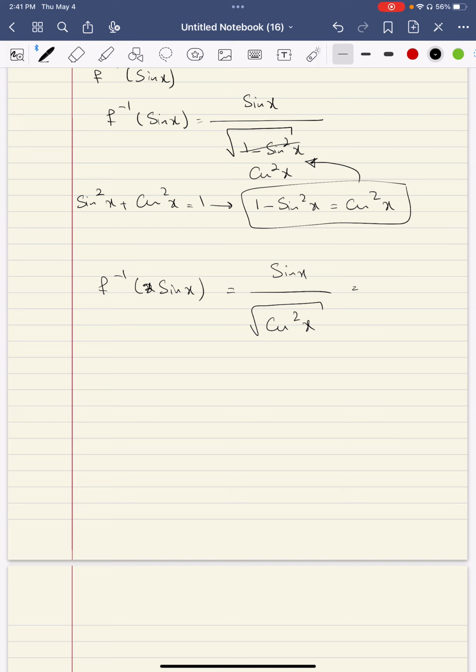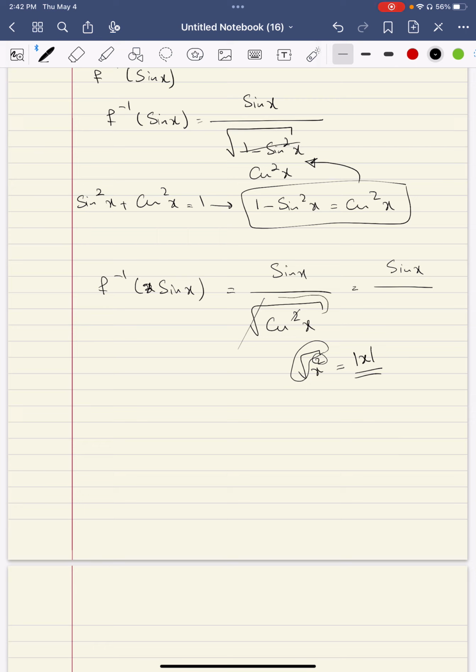The very first thing that might come to your mind is canceling out the root and the power. But we should keep in mind that whenever you want to cancel out the power and the root, what comes out is the absolute value, right?